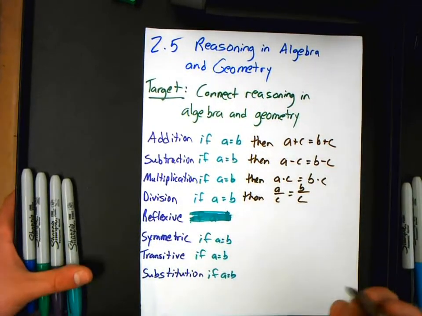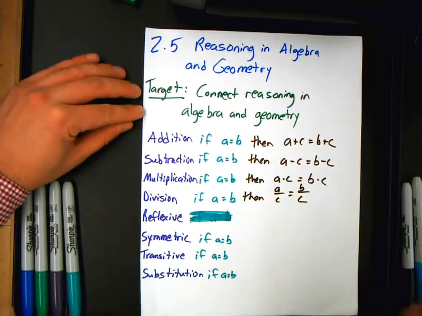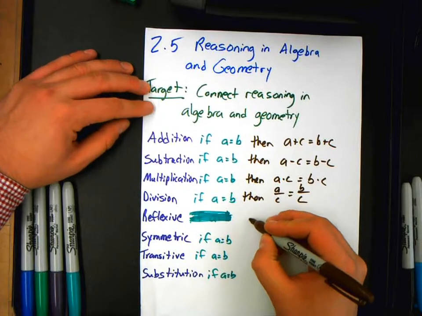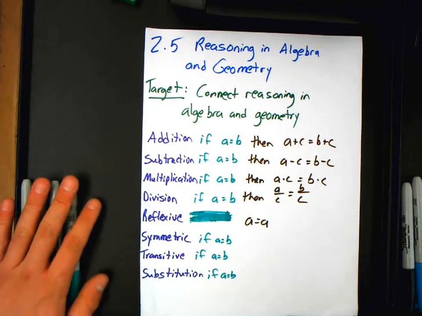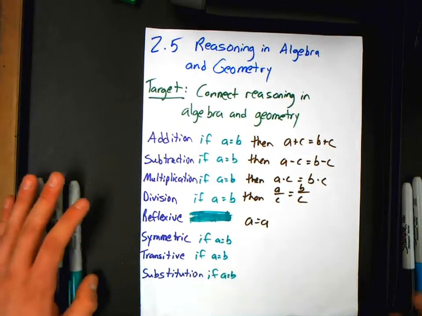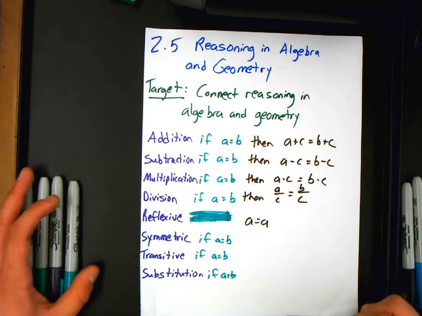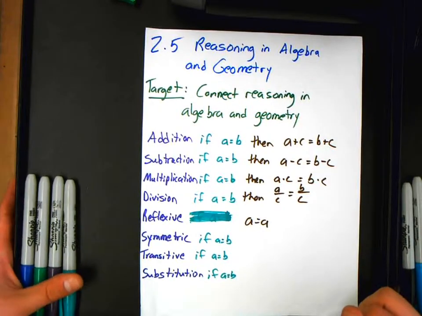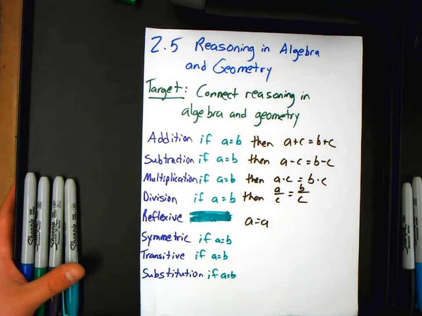Now reflexive is kind of a common sense property where all it is saying is A is equal to A. So if you have one thing and it's equal to the exact same thing on the other side, then those two things are equal. I very rarely will use this specifically inside of a proof or theorem, but it's something to keep note of, that one thing equals the exact same thing.